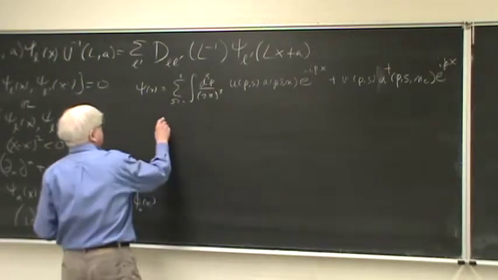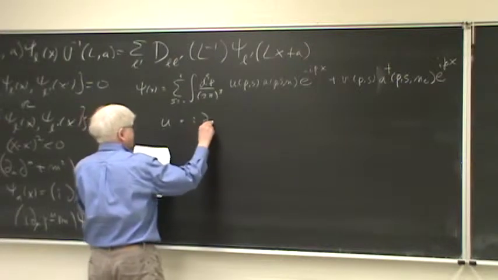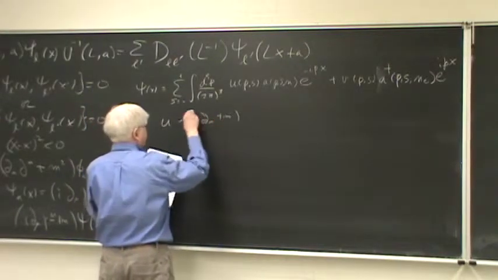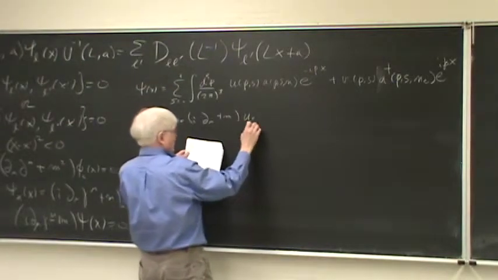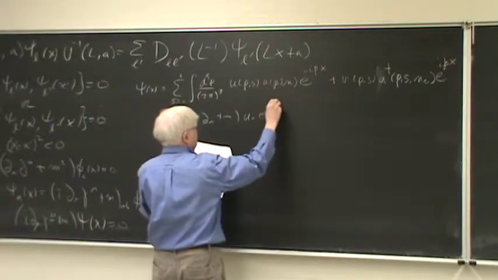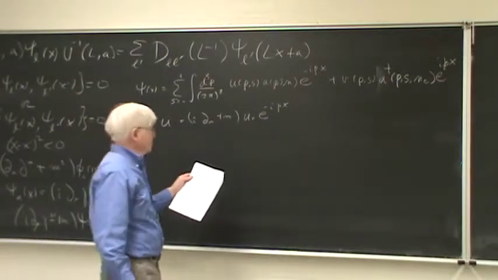So evidently, if we set U equal to I d mu plus m on any four-component object U0 e to the minus I px, we'll have a solution of Dirac's equation.